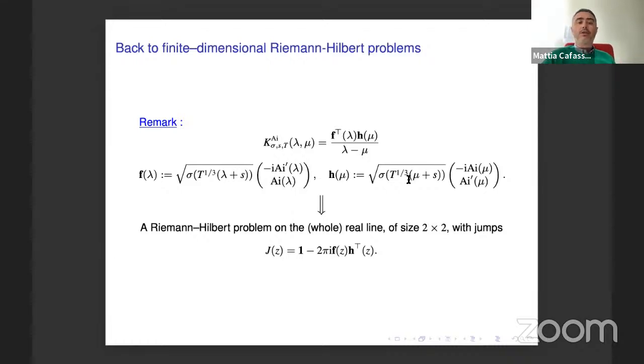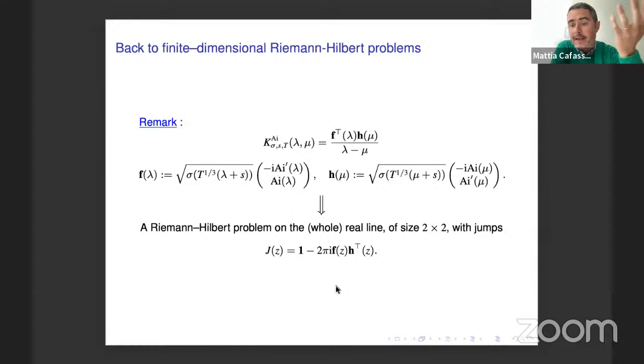And indeed, using this representation of K_Ai,sigma,s,t, you can write a Riemann-Hilbert problem on the whole real line of size 2 by 2 with jumps given by these matrices here. The identity minus 2 pi i f h transpose. Okay. And then what you obtain is a certain Riemann-Hilbert problem in which the jumps are somehow complicated because they depend on these Airy kernels and they depend on sigma.